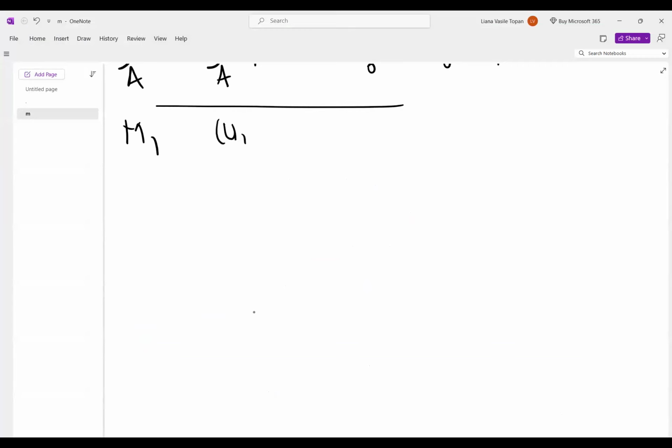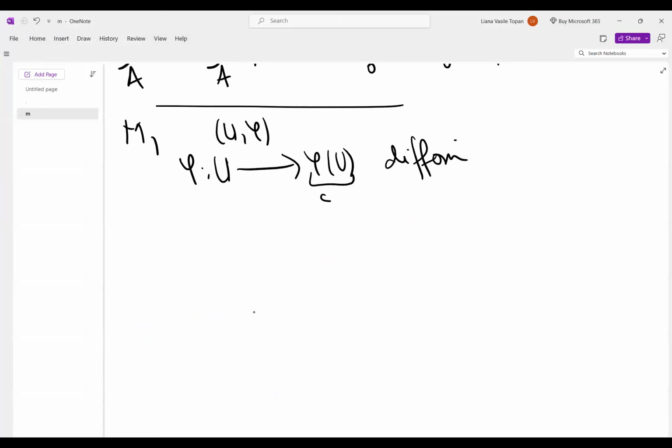You take (U, phi), a chart, which means that phi from U into phi of U is a diffeomorphism onto an open subset of Rm, if you remember this. So it makes sense to talk about phi inverse, which is now defined from a subset of Rm into U, an open subset of M.